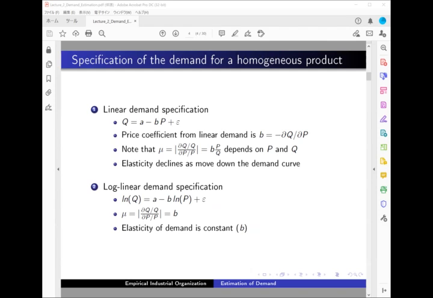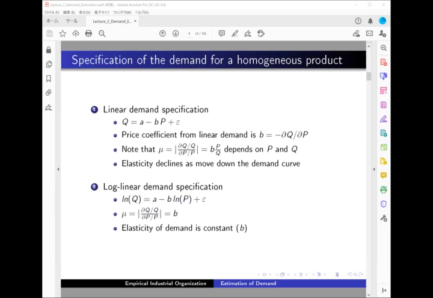There are many ways to specify the demand function, but the most typical demand specifications are the linear and log linear specifications. Linear demand specification is very simple. It says that quantity Q is linearly dependent on its own price P. Here, A and B are the demand intercept parameter and the demand slope parameter respectively.